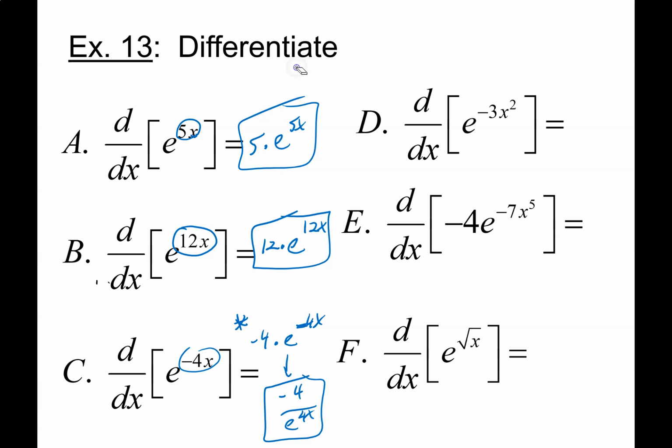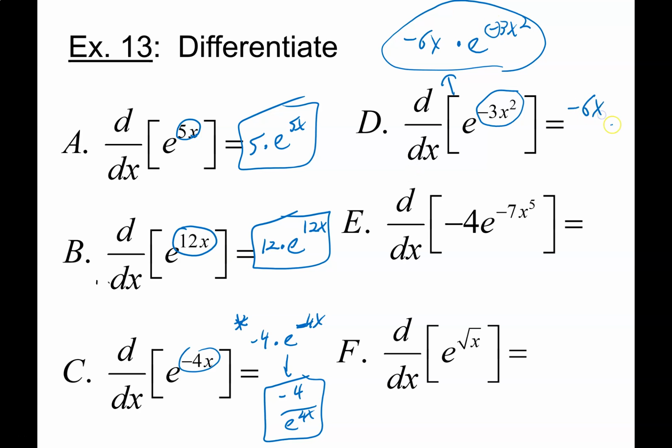Here, e to the stuff times stuff prime, if I derive with my power rule there. Again, if you find it essential to move the negative exponent to the bottom, do it, don't do it, your choice. Or your instructor's choice, I guess. They'll be the one that grades your work.